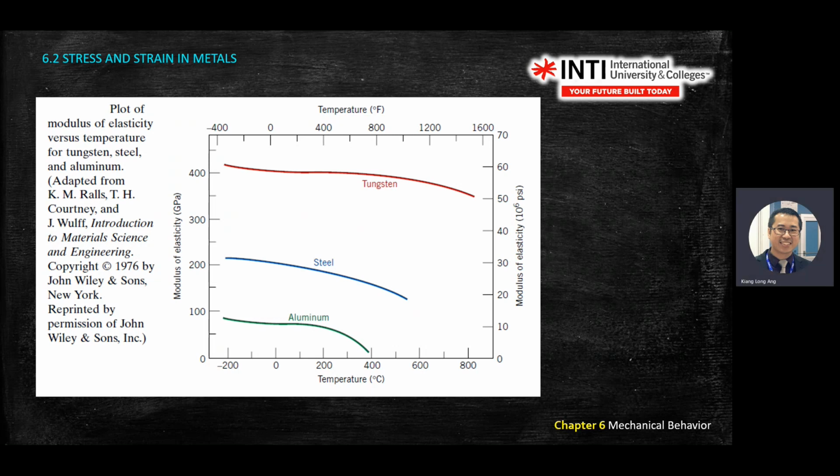Okay, so you have tungsten, steel, and aluminium. The modulus of elasticity of aluminum is lower compared to tungsten. For example, how you use this table, or how we ask you in the assessment if you see this table.